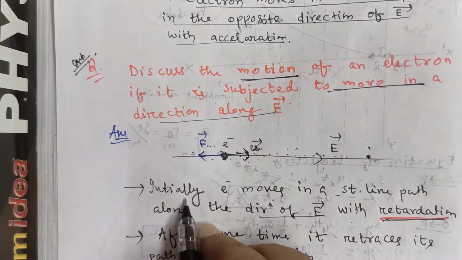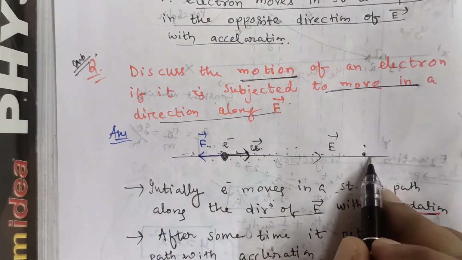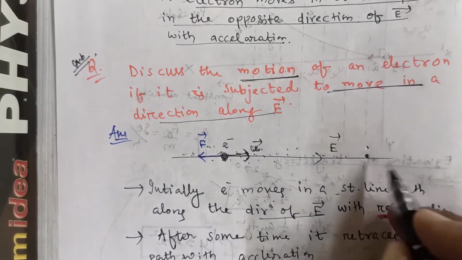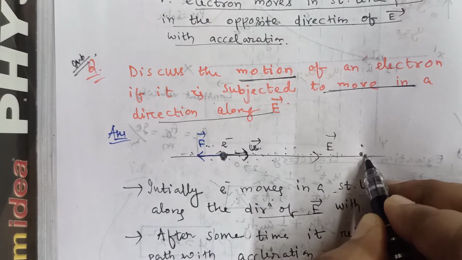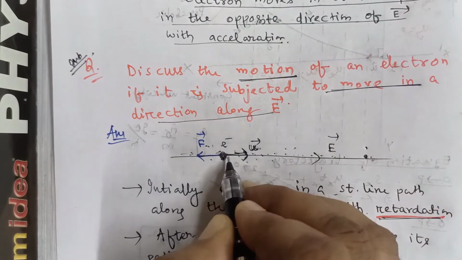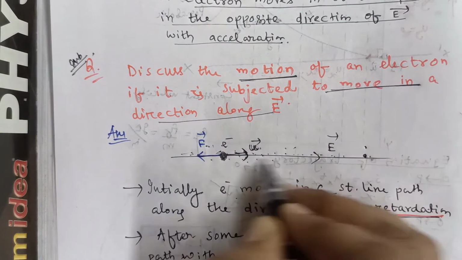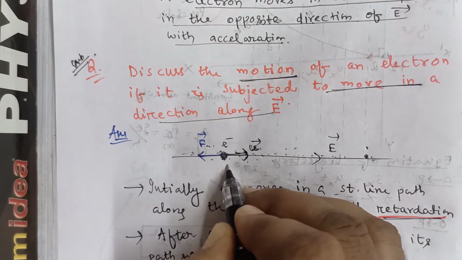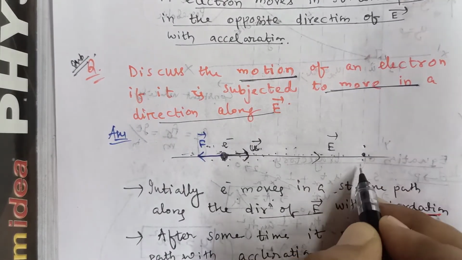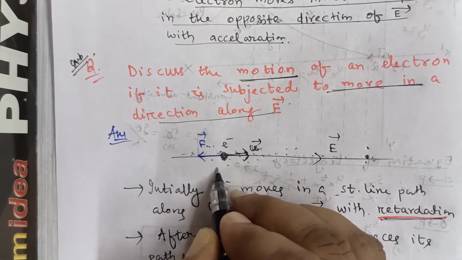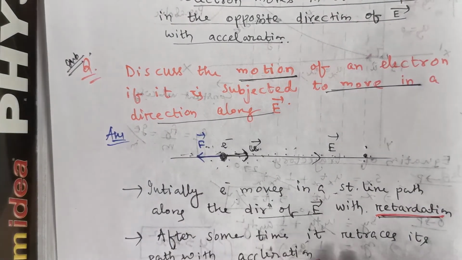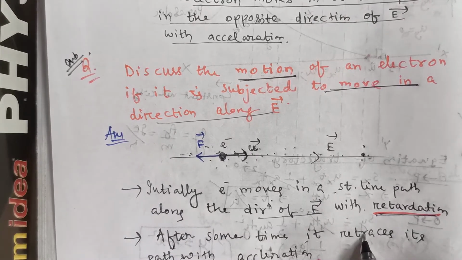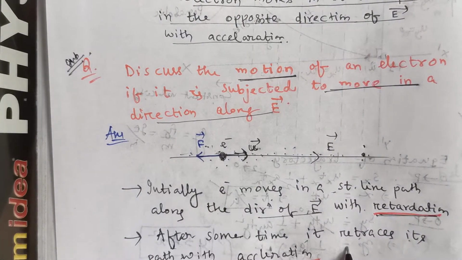So you will say initially the electron moves in a straight line path along the direction of the electric field with retardation. When its velocity becomes 0 after some time, it retraces its path and reverses its path with acceleration. First the velocity is there, it becomes 0, then the velocity increases in the opposite direction. Retraces its path means it moves in the opposite direction of the electric field.